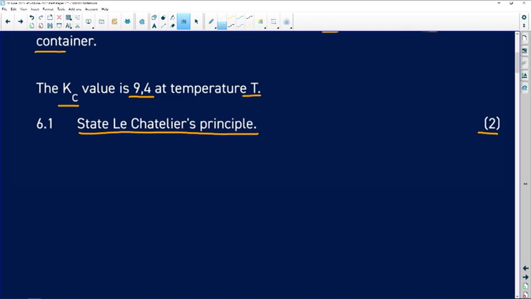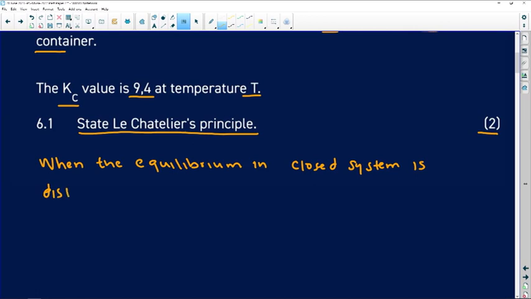How do we then state Le Chatelier's principle? We come and say when the equilibrium in a closed system is disturbed, what then happens?